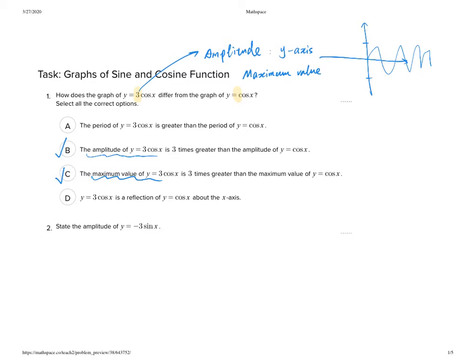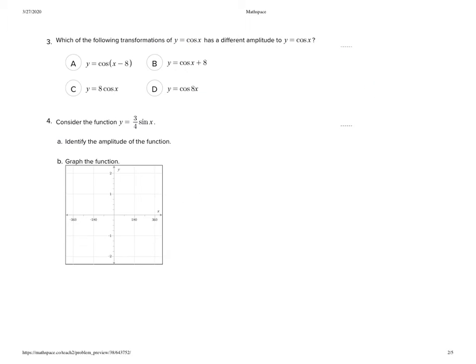Second question, they want you to state the amplitude, which is the number in front of sine. Make sure you take the absolute value, so your amplitude is 3. Number 3. Which of the following transformations of y equals cosine x has a different amplitude to y equals cosine x?